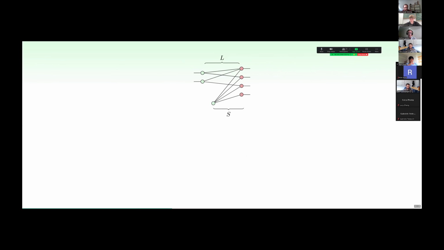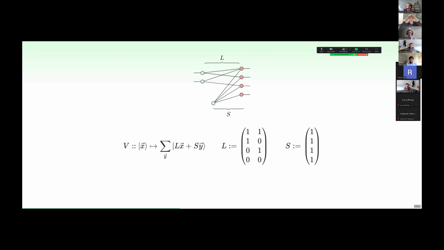And something that's quite cute about this is I can read the stabilizer info directly off of such a normal form. So first of all, this isometry is described this way. And if you know about these kinds of things, this looks like the definition of the code words of a CSS code.